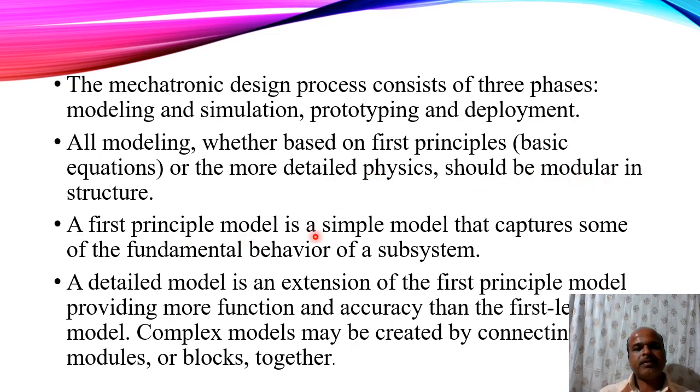A first principle model is a simple model that captures some of the fundamental behavior of the system. A detailed model is an extension of the first principle model, providing more function and accuracy than the first level model. Complex models may be created by connecting the models or blocks together.